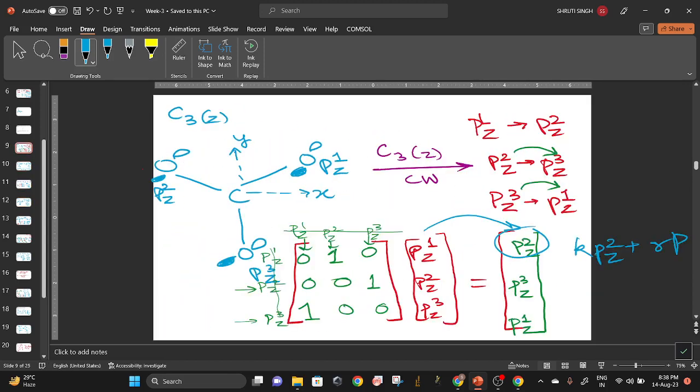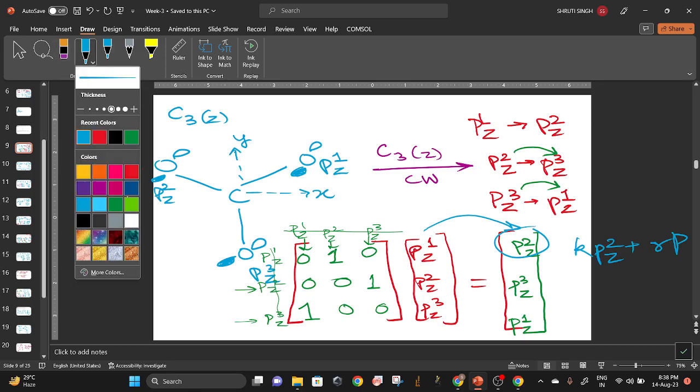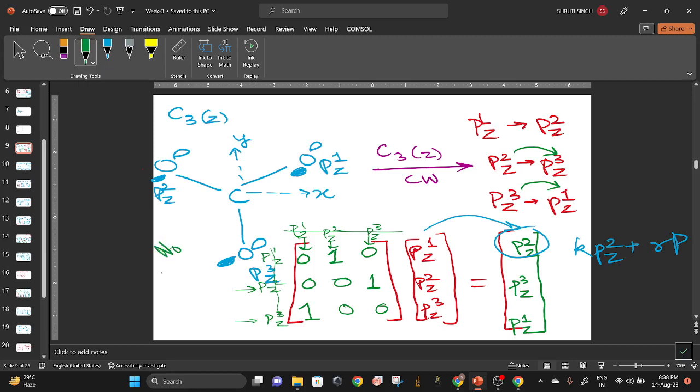You got my point? Yes, madam. Yeah. So one coordinate is getting transformed completely into the other coordinate. So such example is called no mixing of coordinates, no mixing of coordinates or basis.